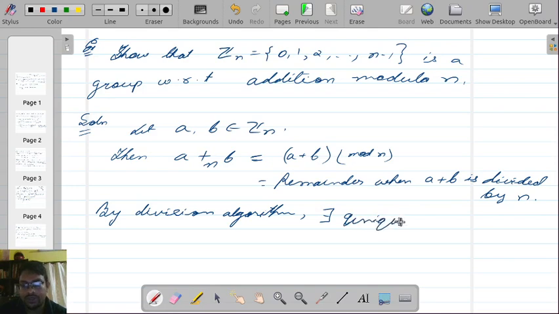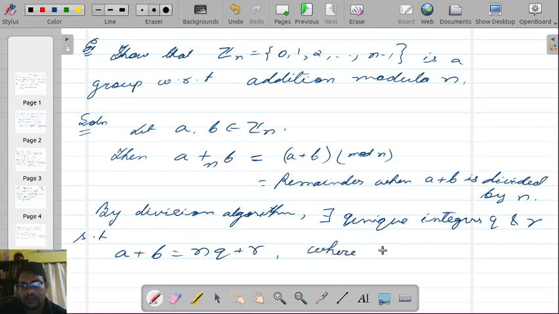For the closure property, we'll just use the division algorithm so that it's clear. There exist unique integers q and r such that a plus b is equal to nq plus r, where 0 is less than or equal to r, which is less than or equal to n minus 1.